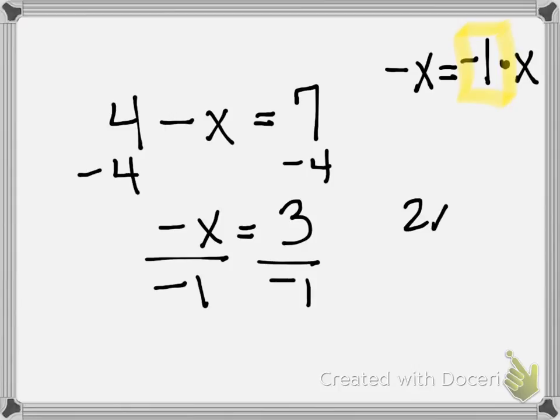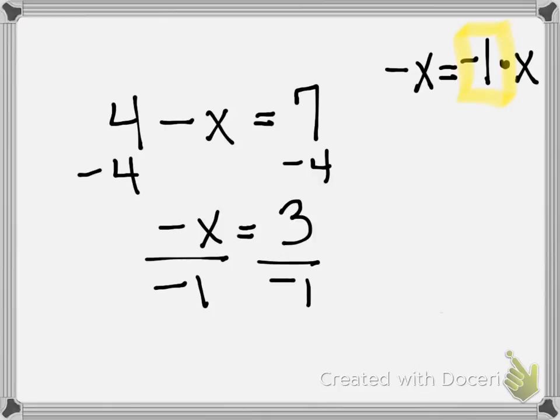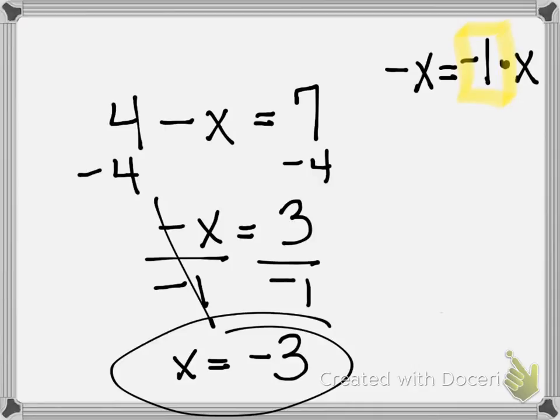Remember when we had 2x equals 8 and we had to divide by that coefficient to get x equals 4? It's the same process here. We have a coefficient, so x is not by itself, so we have to divide. And those will cancel out, and so x will be positive divided by negative is negative, negative 3.